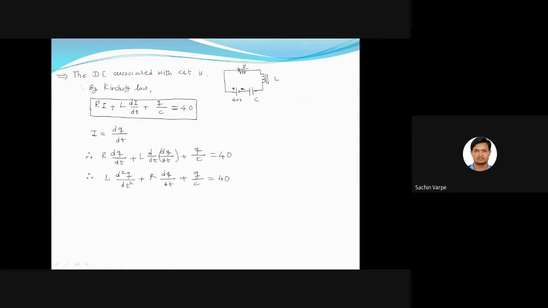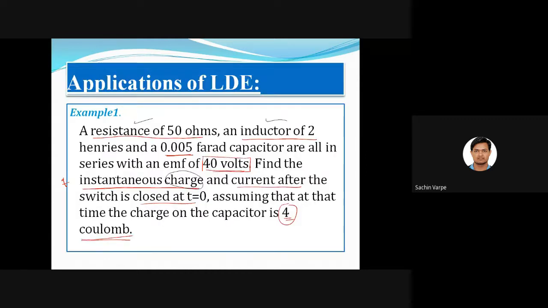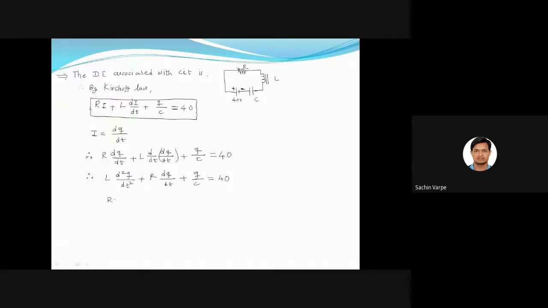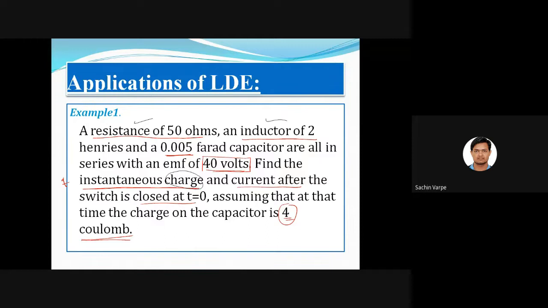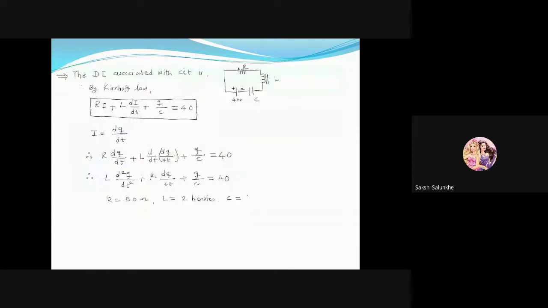Where L is the inductance, R is the resistance, and C is the capacitance, all given. Let us substitute those values. R is given to be 50 ohm, inductance L is given to be 2 henries, and capacitance C is given to be 0.005 farad.